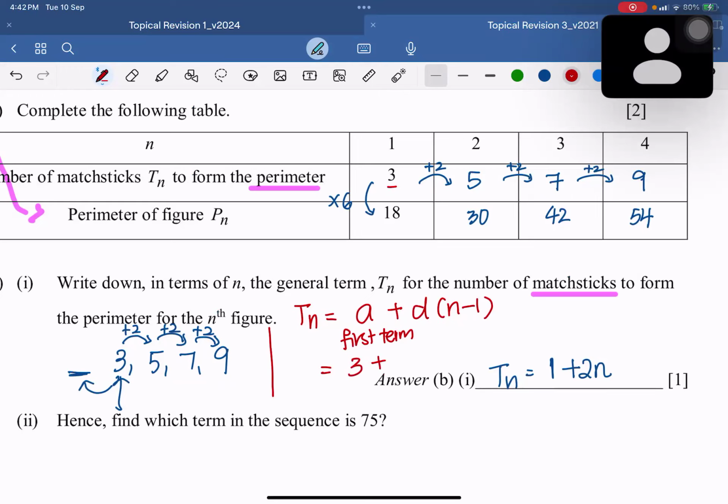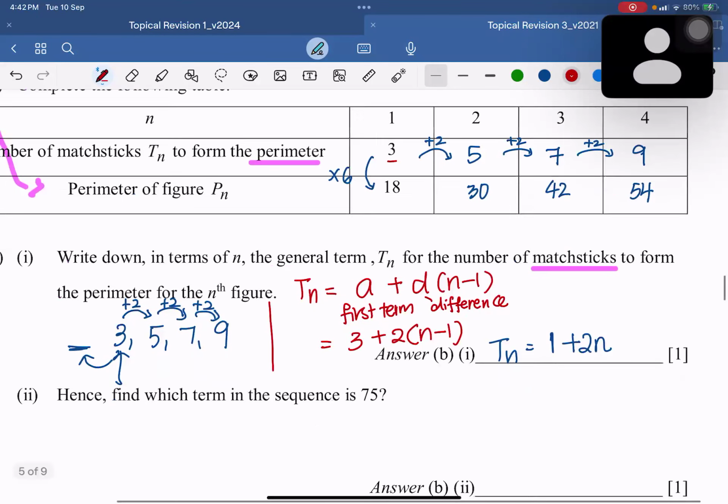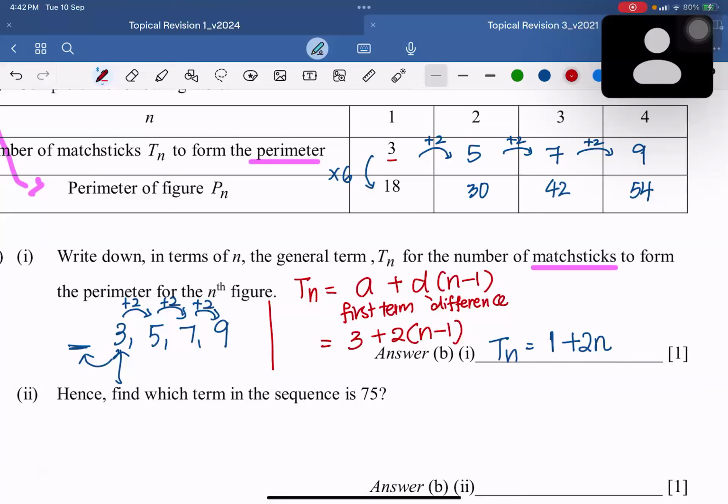And d is the difference, which in this case is 2, times the whole of (n - 1). However, this method is not the completed answer. I still need to expand out 2n - 2 and simplify to 2n + 1, or 1 + 2n, and therefore these two answers are the same. So you can choose method 1, a little more time saving, or method 2 if you want to memorize the formula. Both methods are acceptable, no difference.